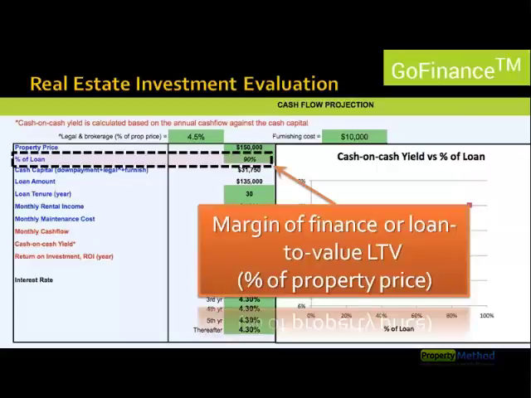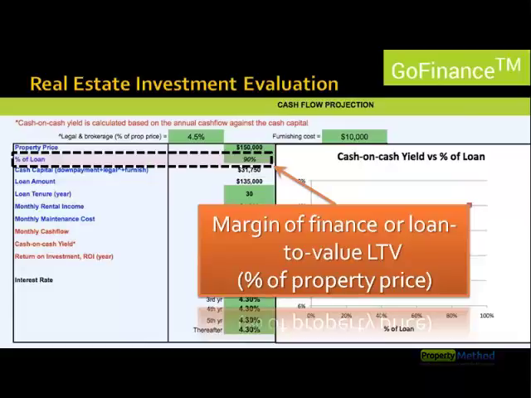Then the next input that we got to key in this spreadsheet is the mortgage loan in percentage of property price. This is the loan that we are able to obtain from the bank as a percentage of property price. The common term for this figure is mortgage loan margin, and bankers will normally call it LTV, loan to value.